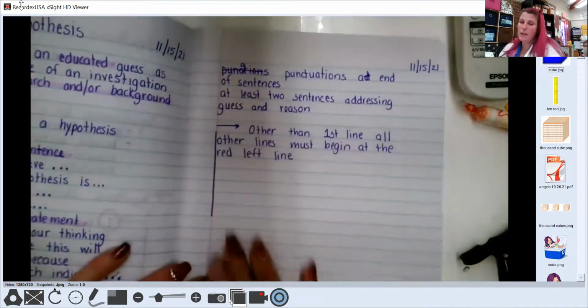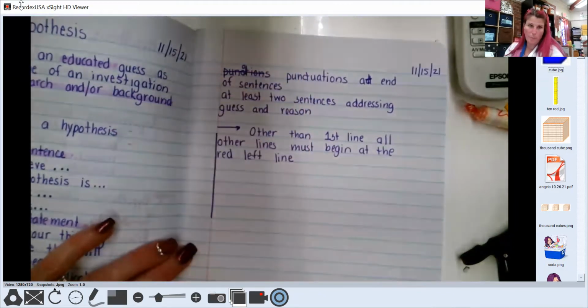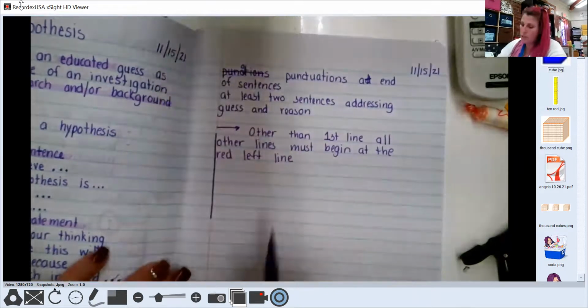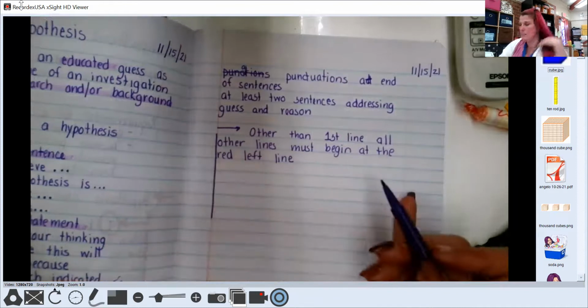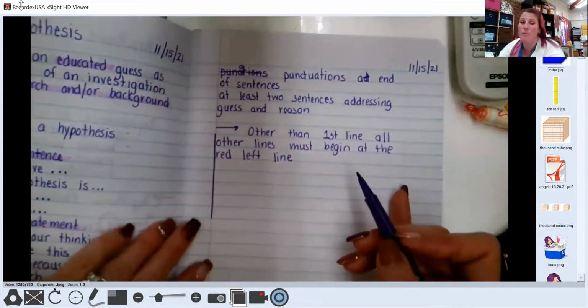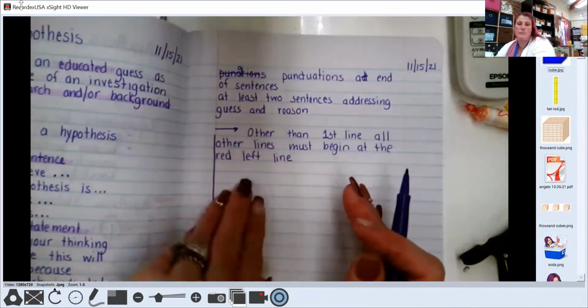And if you don't have a red left line, obviously you can make a line down your paper. I know a couple of you have some graph paper. Make a line down your paper and just know that that's the line you have to come up to. We have to get used to using as much space as we're given, because on FSA, you are limited on the amount of pages you have for writing. And if you start writing over here, you're losing all this writing space here.